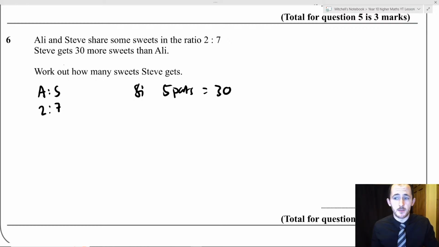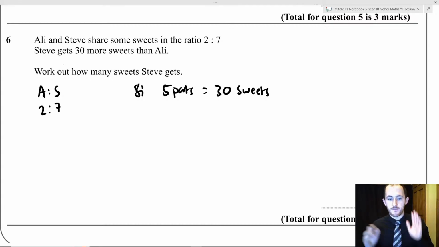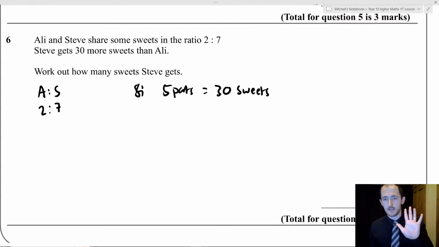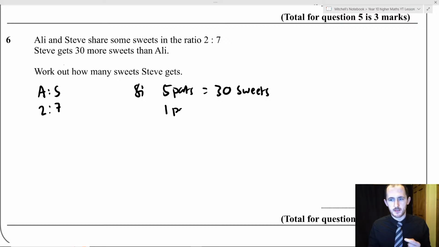I've jumped ahead a bit just to give you a bit of a test. Can you see the jump? Because Steve has 5 more parts than Ali, and he has 30 more sweets. So 5 parts is 30 sweets. So 1 part is 30 divided by 5, which is 6 sweets.